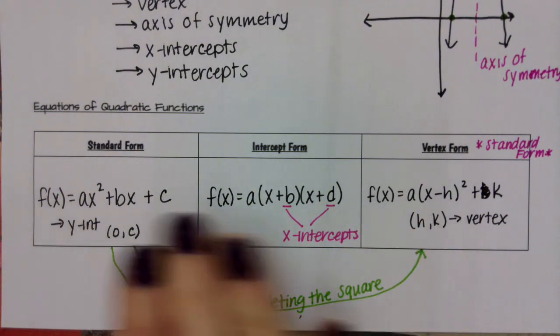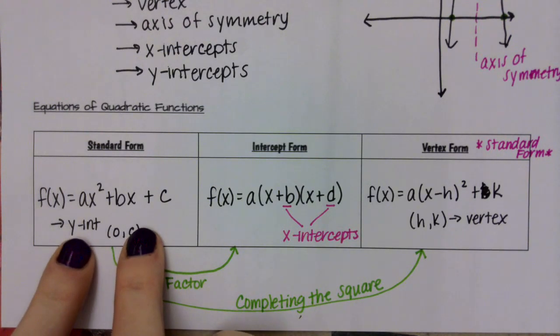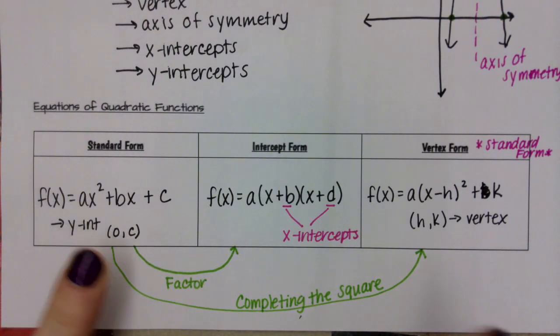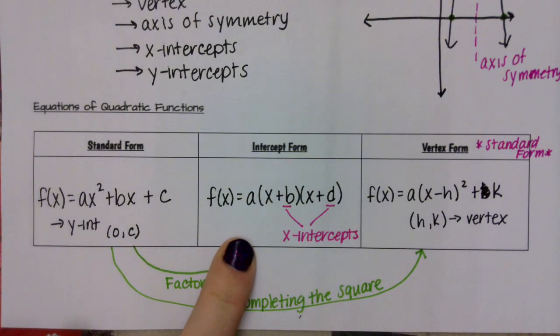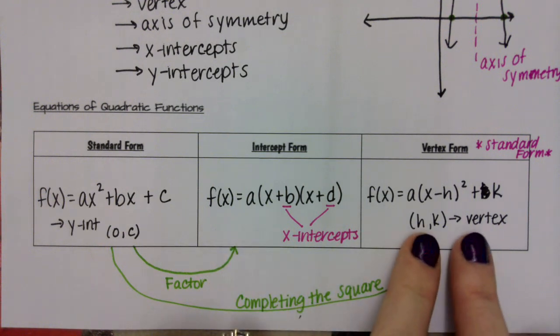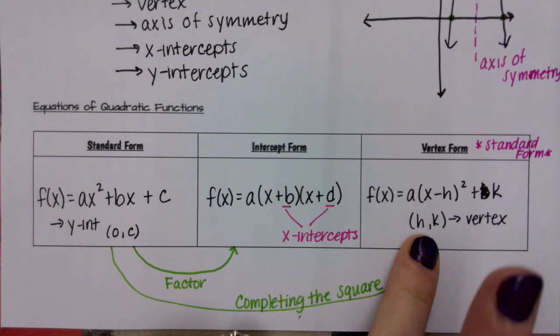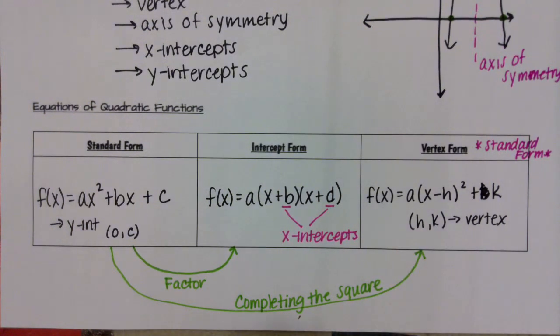Okay, once again, they have their goods and their bads. Standard form, really easy to find your y-intercept if that is what you need. Intercept form, find your x-intercepts, really easy if that's what you're looking for. Your vertex is very easy to find in vertex form if that is what you're looking for. Okay, remember you need 3 points of a parabola in order to graph it.